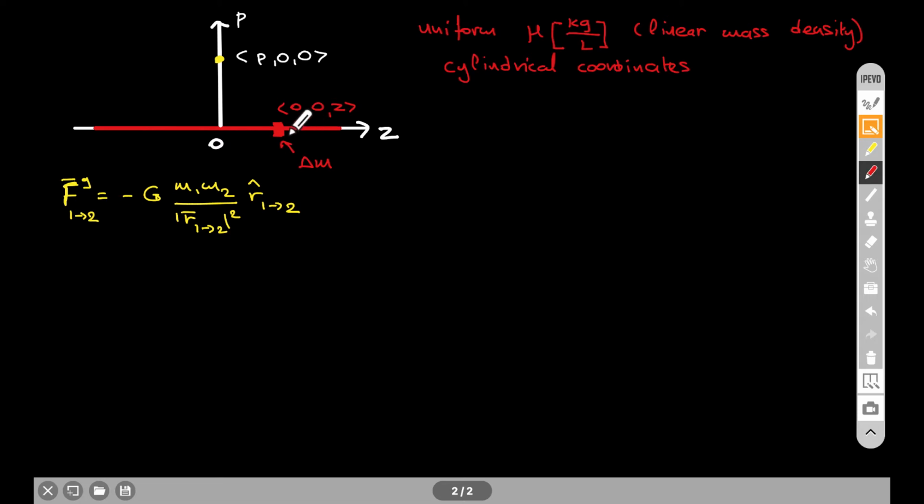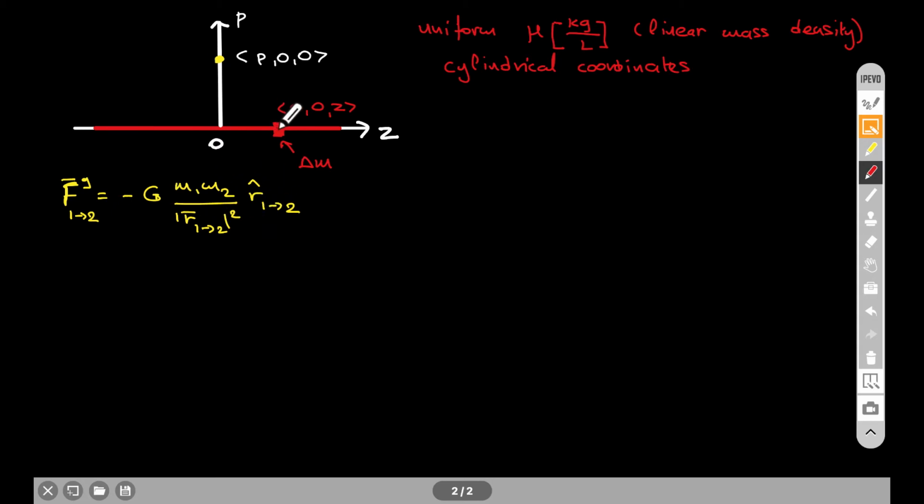Now, the approximation that I will use is this: the whole rod is obviously not a point particle, but since I'm only looking at a small piece from that rod, I will make the approximation that this small piece exerts a gravitational force on the point particle that can be calculated by this.